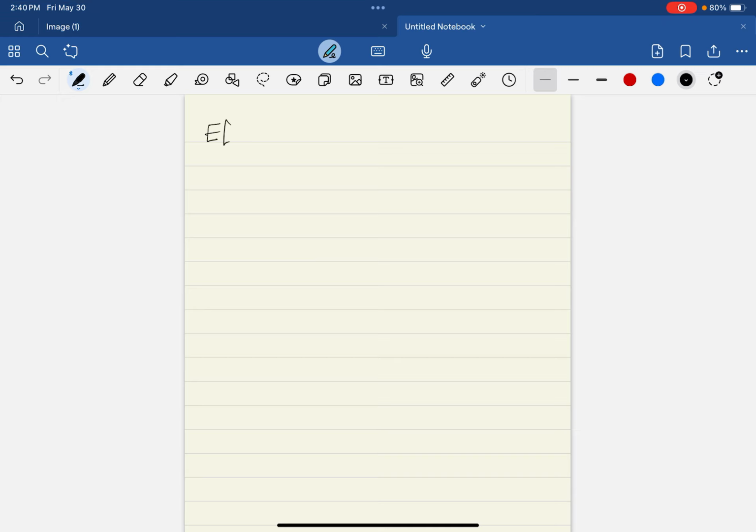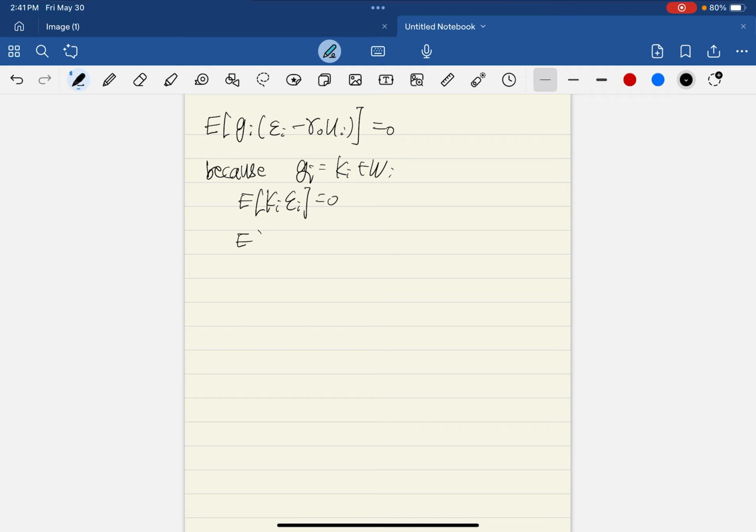Let's see, gi and epsilon i minus gamma ui can be written as it is 0 because gi is ki plus wi, and the expectation of ki epsilon i is 0 by assumption in the question, and the expectation of ki ui is 0, which is also by assumption.